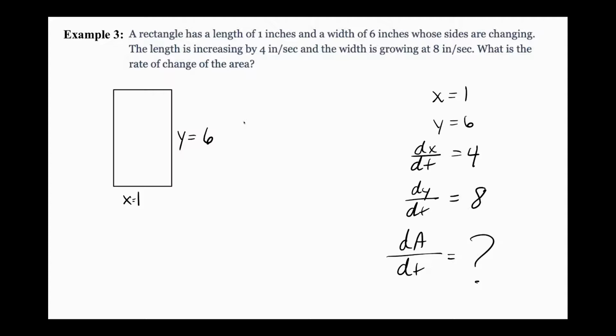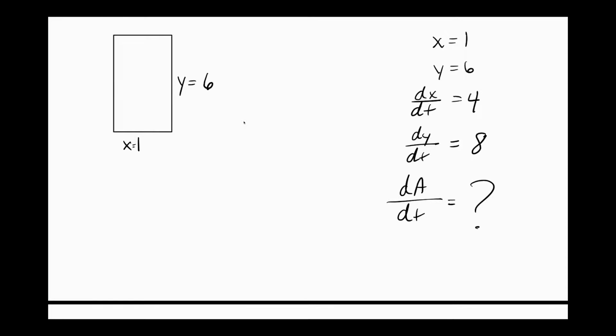There you go, which is length times width, right? But if you say length times width, it doesn't relate all of the stuff. The stuff that relates all of this is this guy right here.